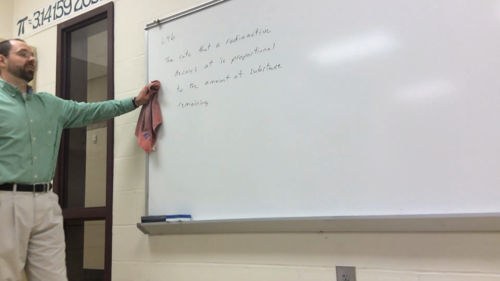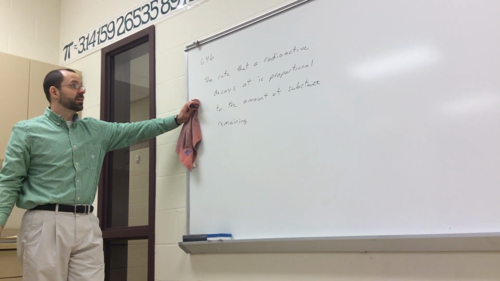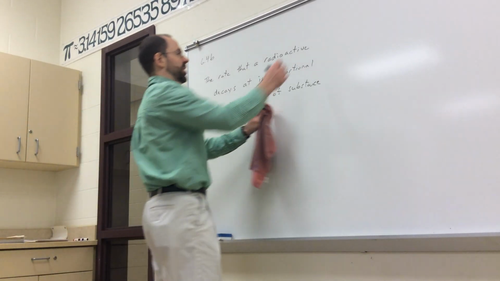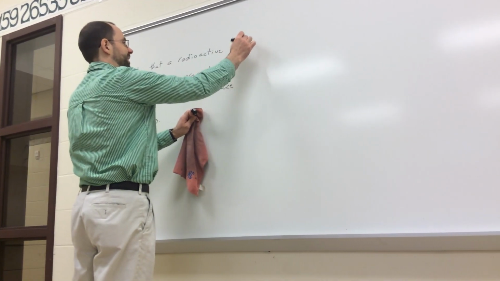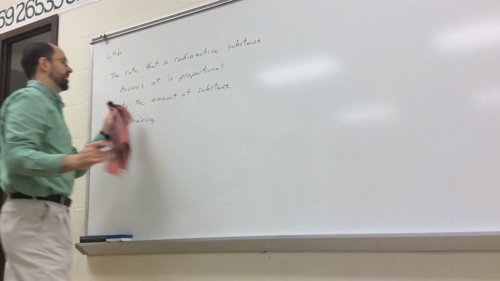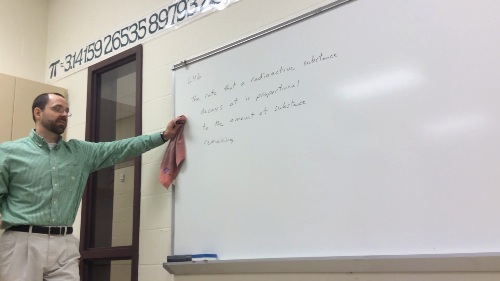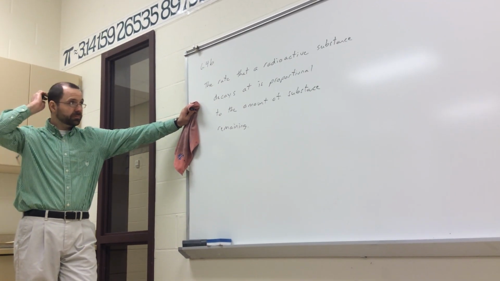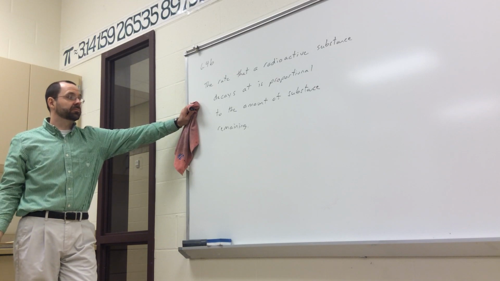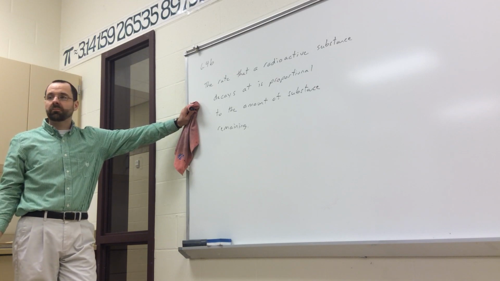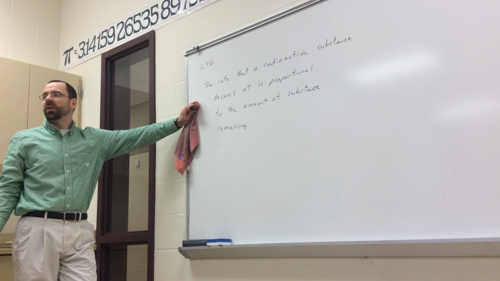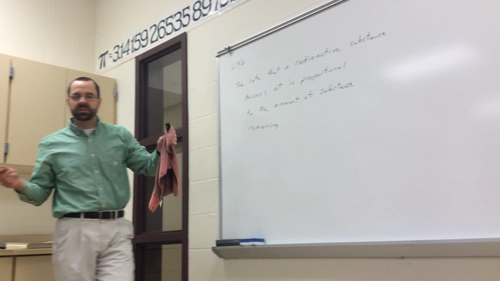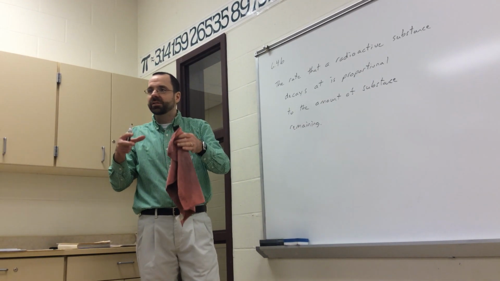The rate that a radioactive substance decays at is proportional to the amount of substance remaining. So when you have a radioactive substance, you have so many grams of it.